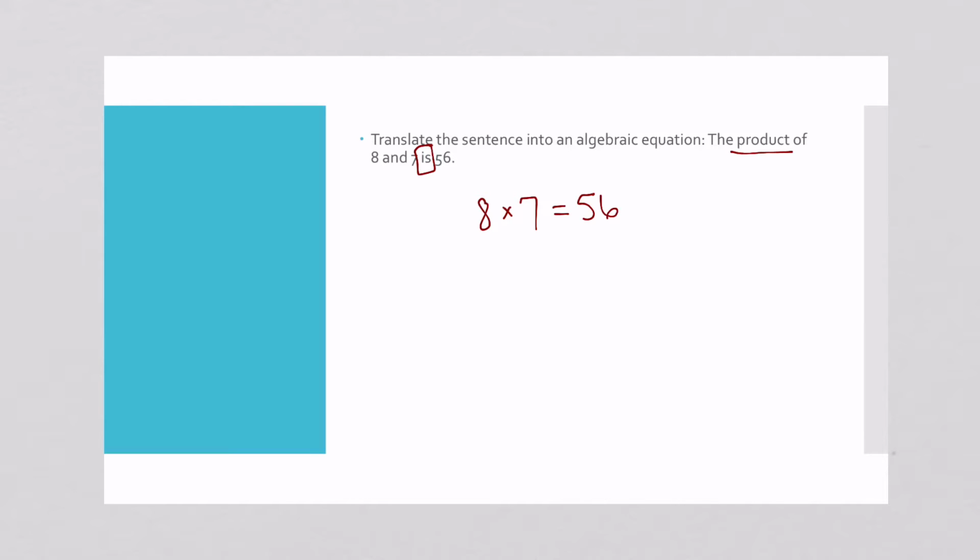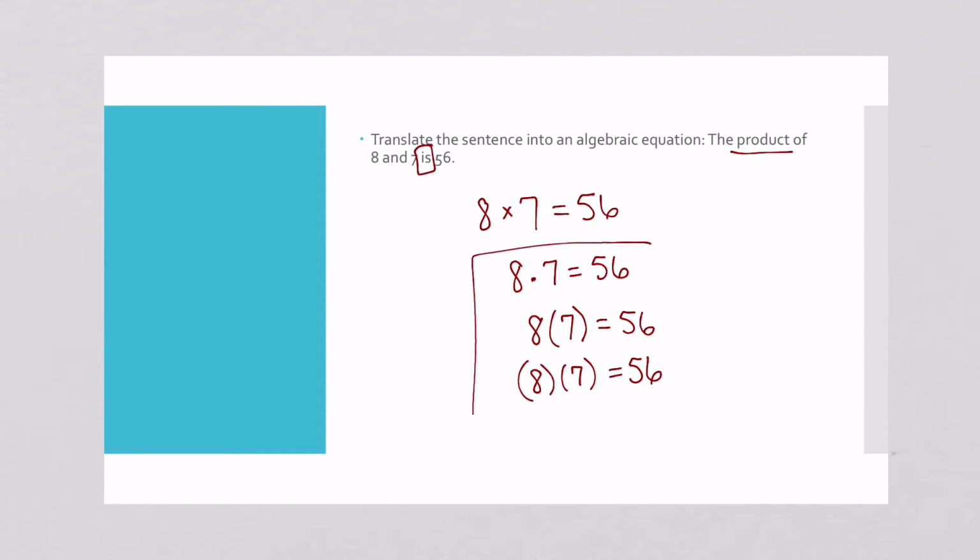This would not be counted wrong, but let's try to get away from that little x. You could do 8 and then a little dot, or 8 and then parentheses. There are lots of ways to write this without using the little x. All of these ways are correct, but I do prefer these three over that one.